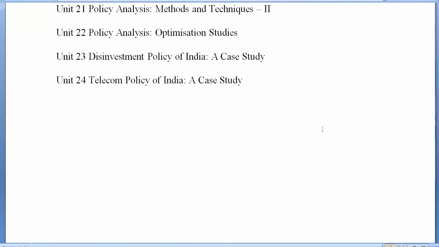From among the question papers of term end examinations so far held, I have taken one of them and I have tried to give the probable answer you could perhaps write for that particular question.